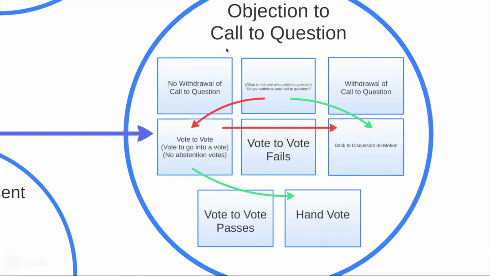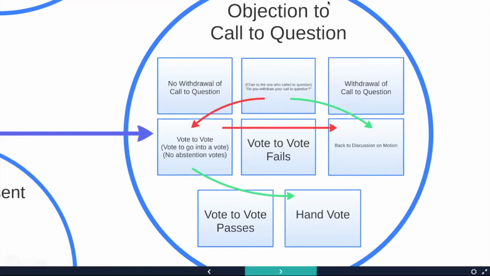This can also happen in the other objection to consent. A vote to vote is essentially saying we're all going to decide collectively, as a committee, as a Senate, as a group, whether we are going to take a vote on this motion. That's where the vote to vote comes in. And you cannot abstain from this vote, just as an addition.